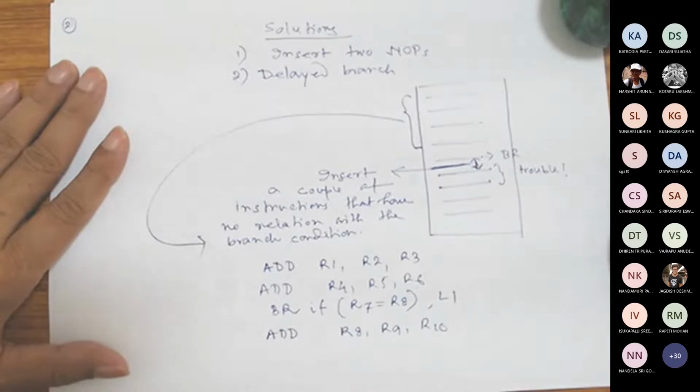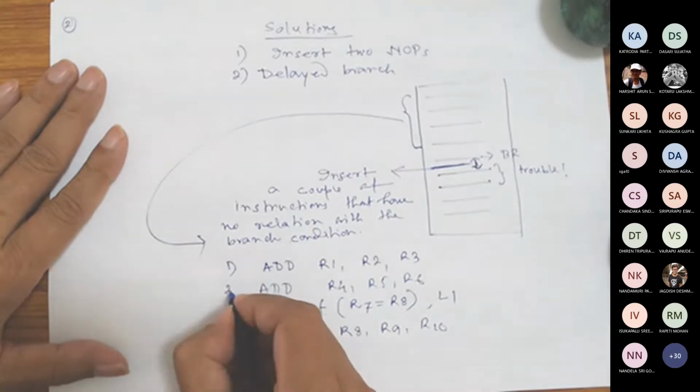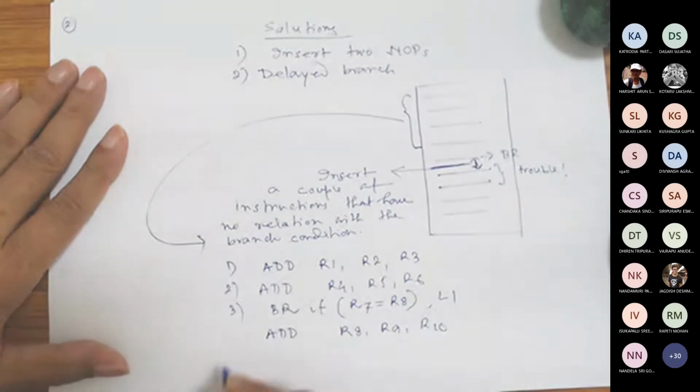Now, if you look into the order of execution, this instruction gets executed first, then this, then this, then this, or L1.